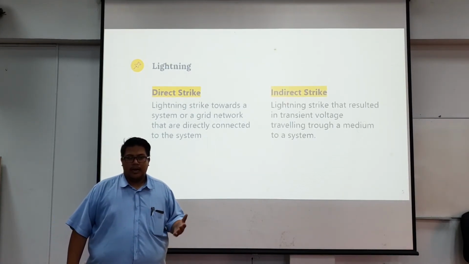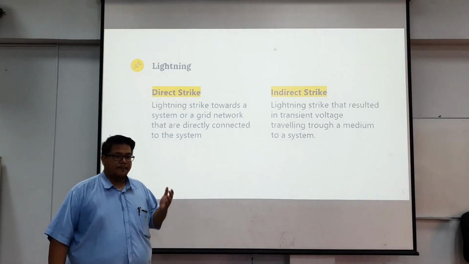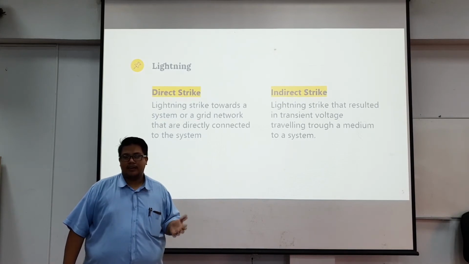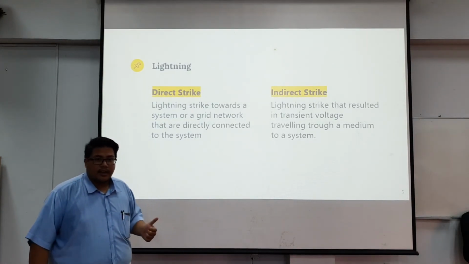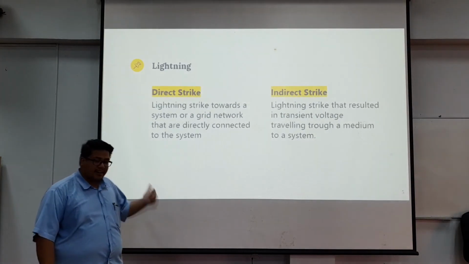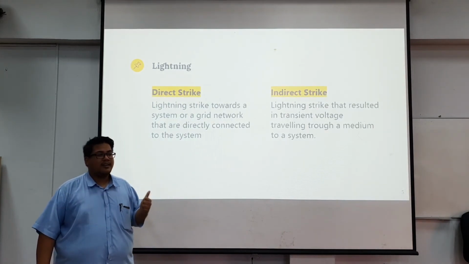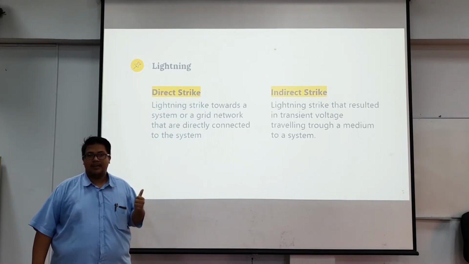Lightning occurs when a spark from the clouds hits the ground, and a lightning strike can be classified into two categories. First, a direct lightning strike, and second, an indirect lightning strike. A direct lightning strike is when lightning directly hits a system or a building, in which damage can be directly seen.